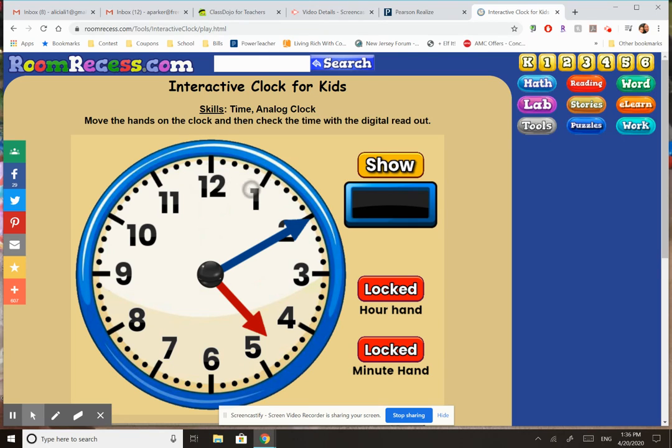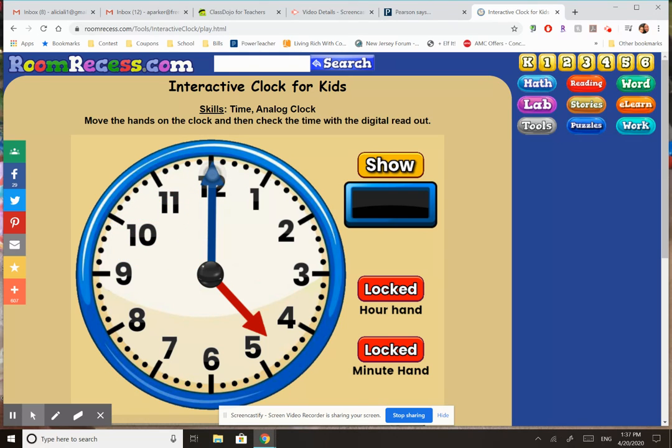From here to here is 5. From here to here is another 5. So you can actually count by 5s. So you can go 5, 10, 15, 20, 25, 30, 35, 40, 45, 50, 55, 60.